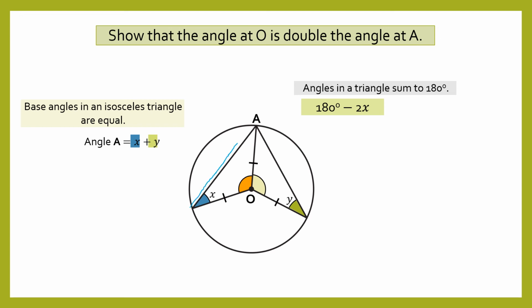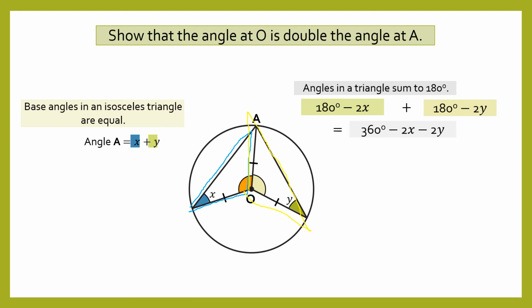Okay. Now, if I take another angle also, this is my y, so 180 minus 2y. If I add both of them, I'll get 360 minus 2x minus 2y.